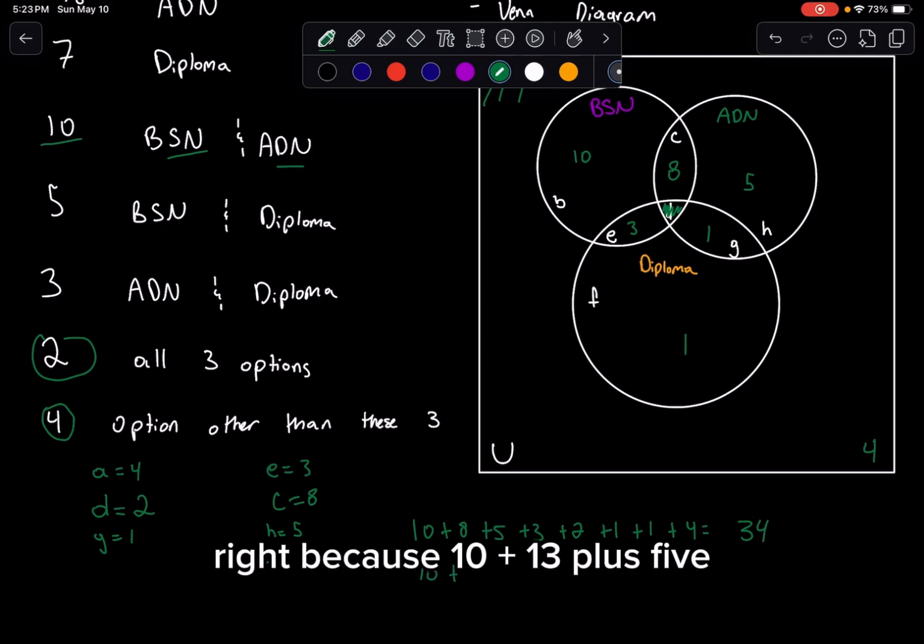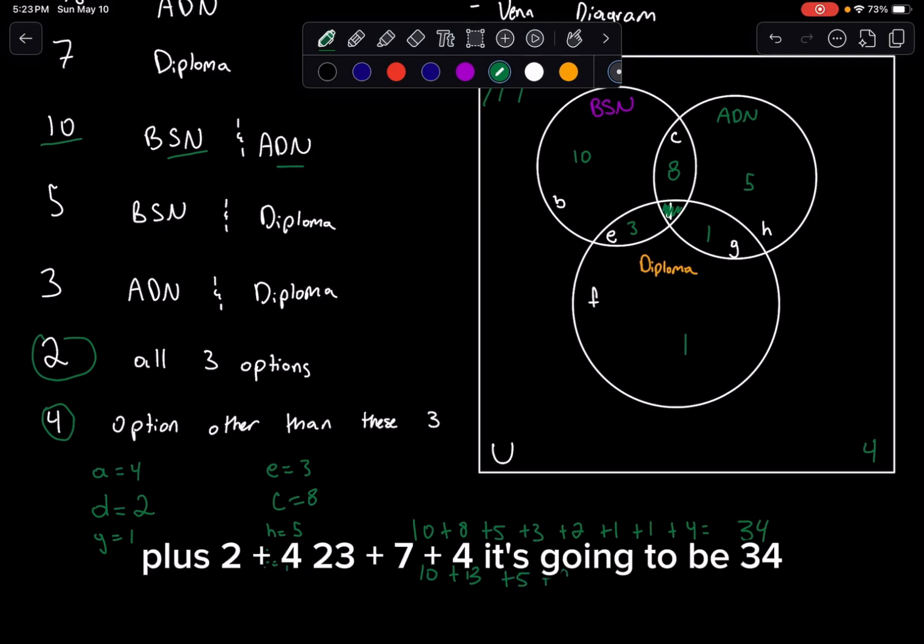Because 10 plus 13 plus 5 plus 2 plus 4 is going to leave us with 23, plus 7 plus 4 is going to be 34.